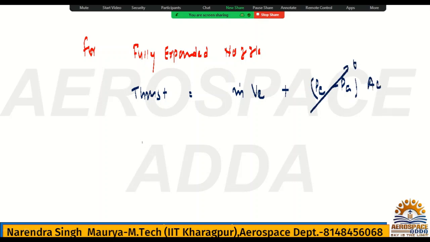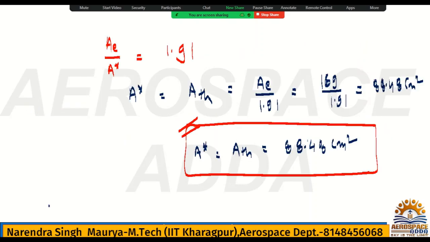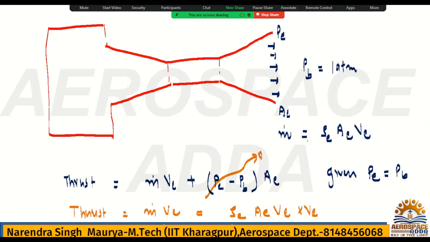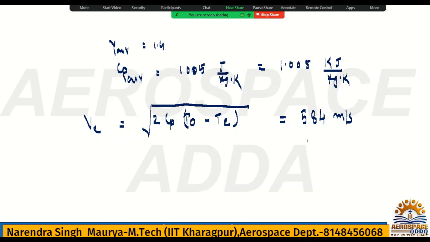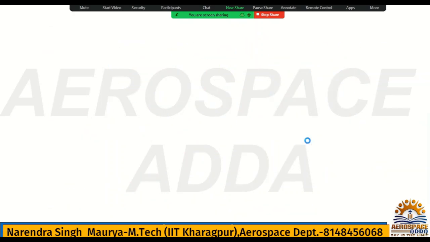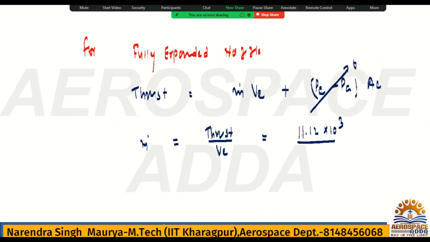Always remember. So the mass flow rate is thrust divided by velocity. You have already seen thrust is 11.12 kilonewton, 11.12 into 10 power 3, divided by the exit velocity you calculated, 584.